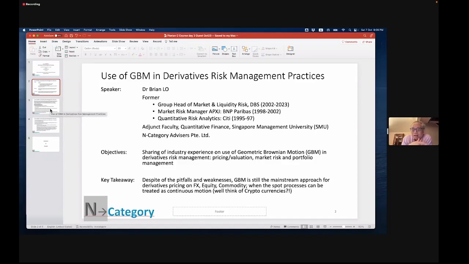It doesn't depict a lot of features in financial time series or spot FX rates, equity prices, interest rates, etc. But in spite of all these attacks, it's still one of the most efficient tools in pricing derivatives, especially for foreign exchange, equity, commodities. Interest rate is a little bit more complex.